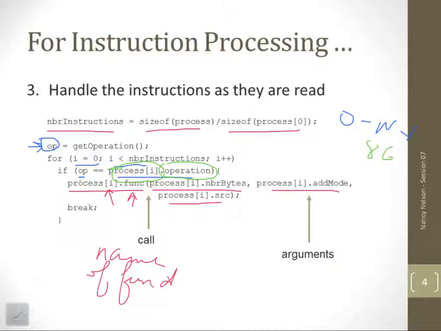So in this case, if we were choosing I equal to 0, and that's where we found our match, then we're going to call the LDAA function with the number of bytes being 2, the addressing mode was immediate, and the source was memory. So that's what the actual function call would look like.